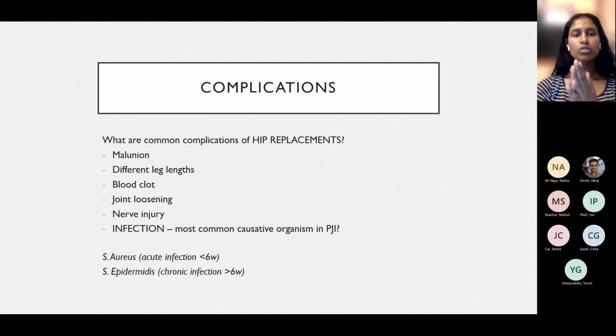Really quickly, guys, what sort of complications happen after hip replacements? Obviously it's a surgical procedure, so you can think generally about what sort of complications happen post-surgery. Bone doesn't grow into the replacement. Yes, the failure of the actual replacement.